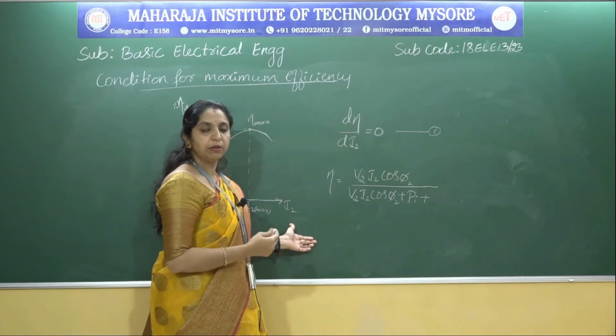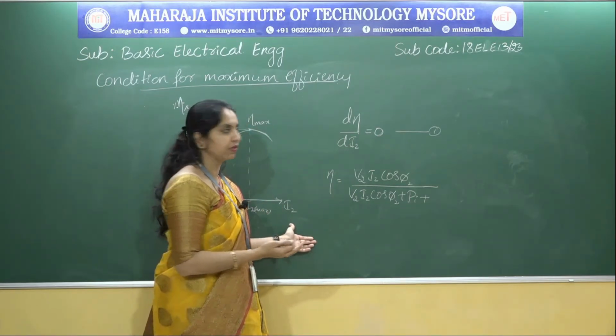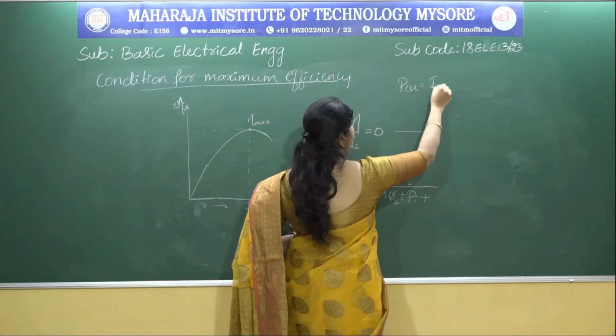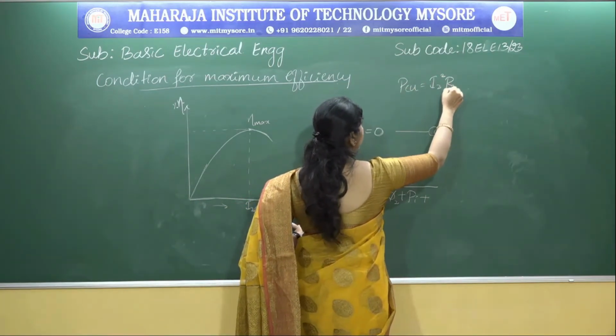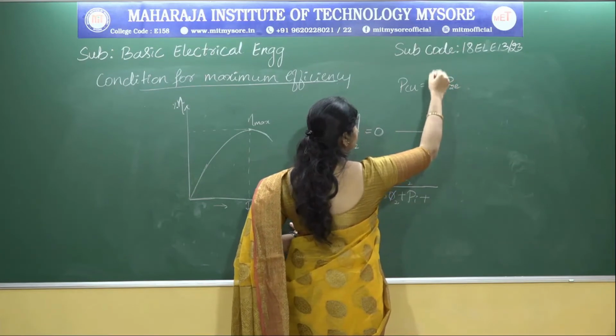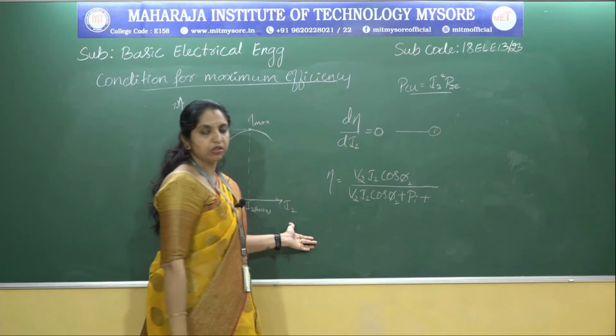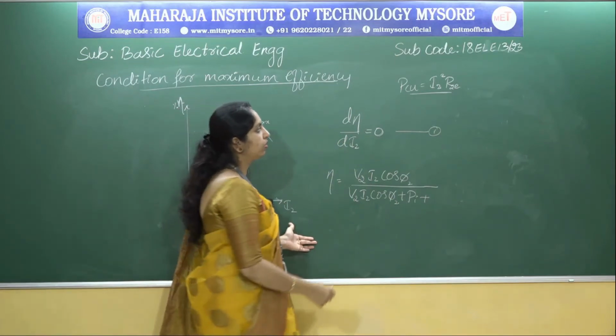We know that PCU can also be expressed in terms of current. As we have already defined, PCU is equal to I2 square into R2E, as discussed in copper loss.